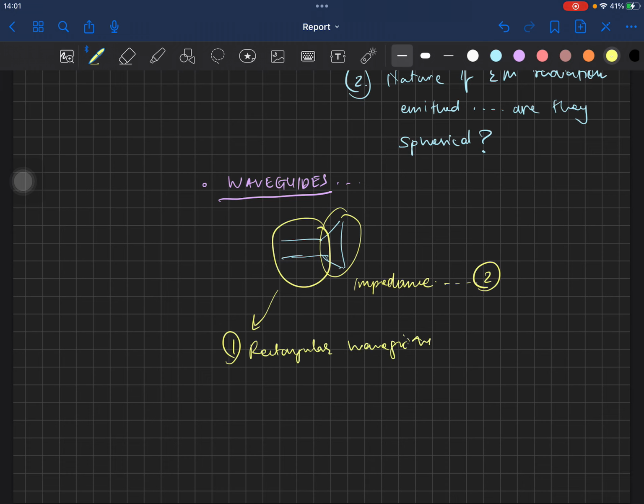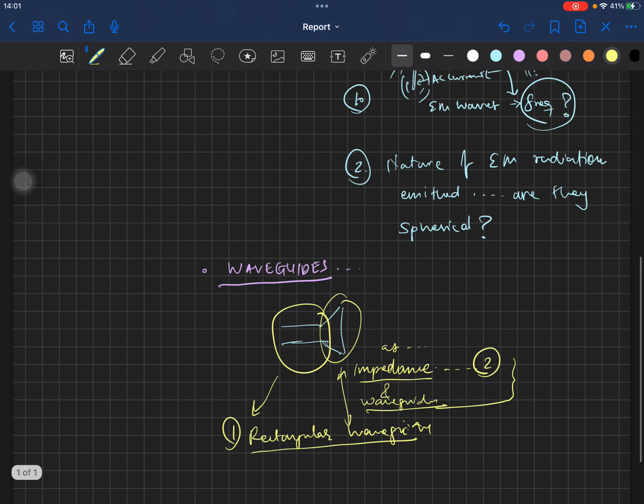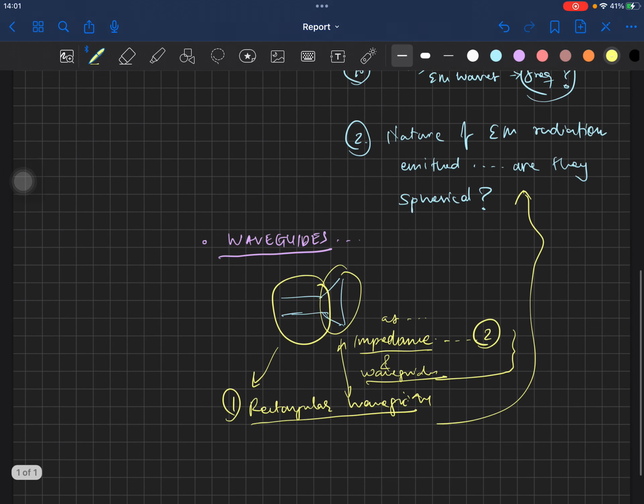Well, that is also a waveguide, and how does it affect things in terms of both impedance and waveguide? As an impedance matcher and waveguide. This is the second question. This is the first question: the rectangular waveguide, how does it deal with this wave that is coming out?